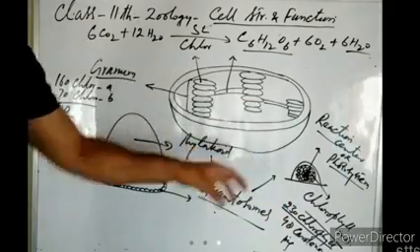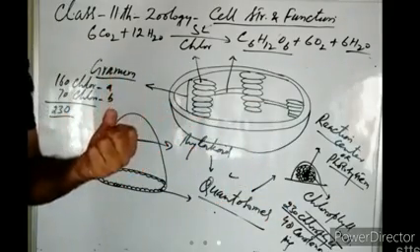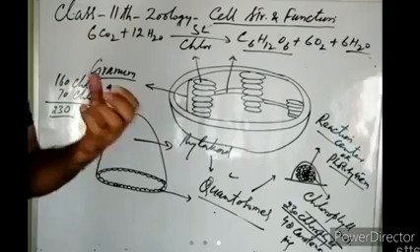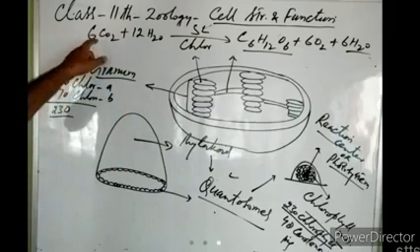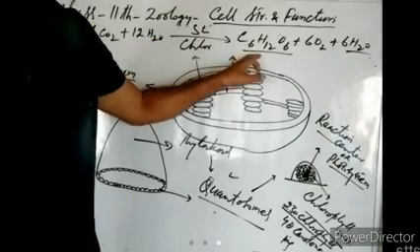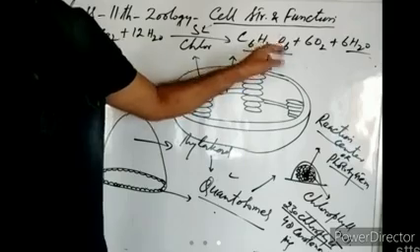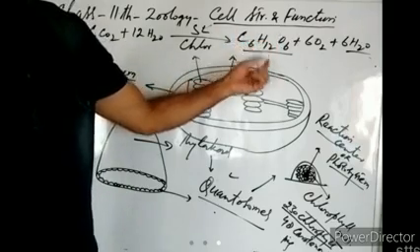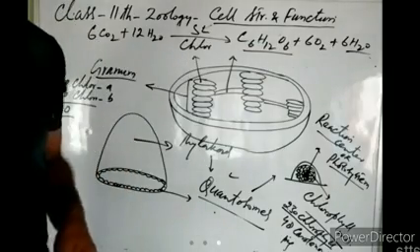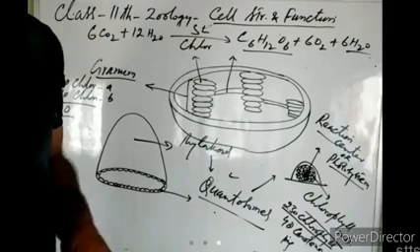So this quantosome traps the energy of sunlight, and that trapped energy is utilized in the formation of bonds between carbon, hydrogen and oxygen to form glucose, right? This glucose becomes a source of food for the plant and for other herbivores, right?